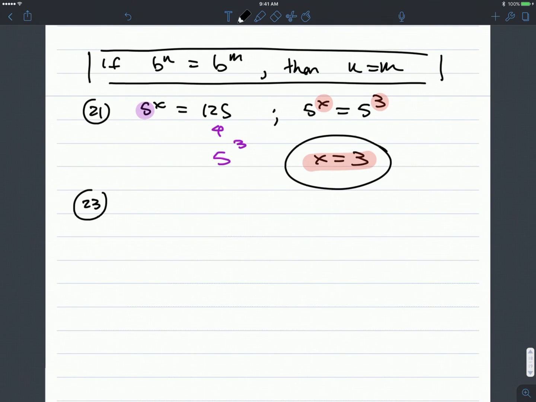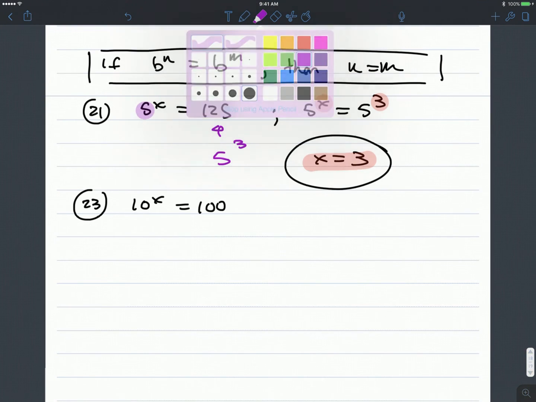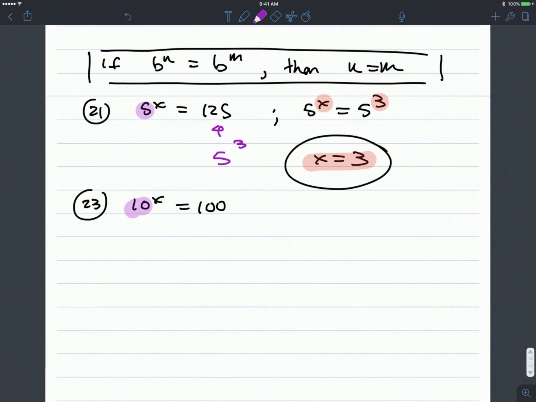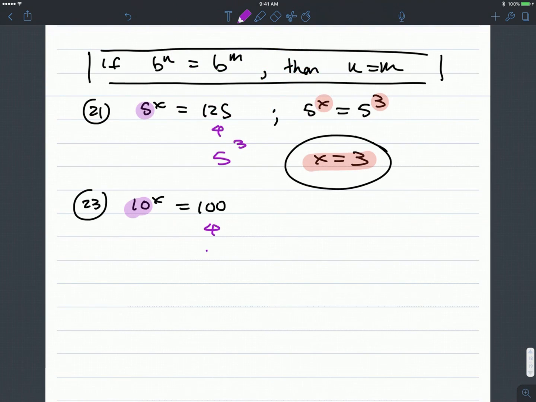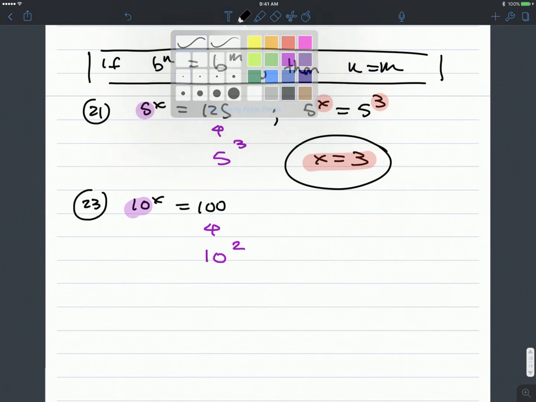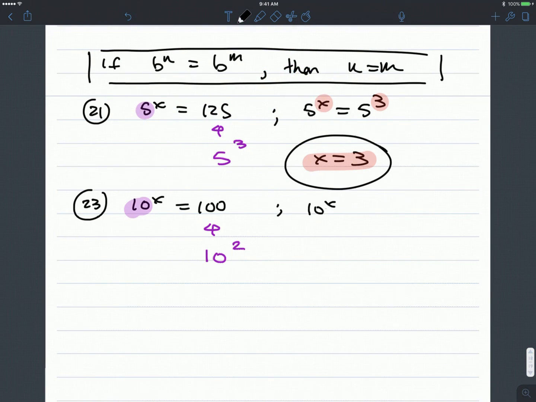23. 10 to the x is 100. What do we notice? Here's my base 10. Can I write 100 as an exponential that has base 10? What power do we use here? Is that 2? Okay. Now what does this mean? 10 to the x is 10 squared.